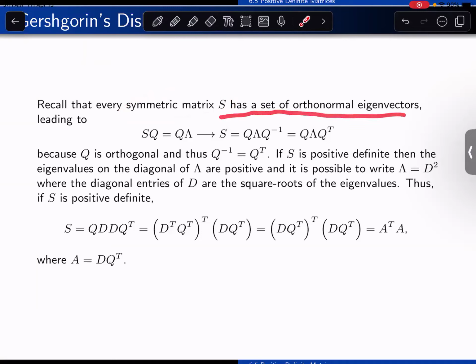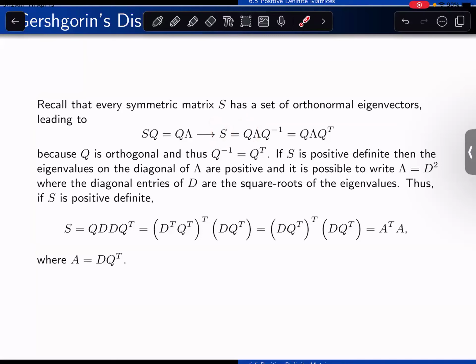So if we have a symmetric matrix S, then we know from the previous section that S is going to have a set of orthonormal eigenvectors that leads to the following decomposition. We can write S equals Q times lambda times Q inverse, where the columns of Q are orthonormal vectors, and lambda holds the eigenvalues of S. Q are orthonormal vectors, but they're just the eigenvectors normalized.